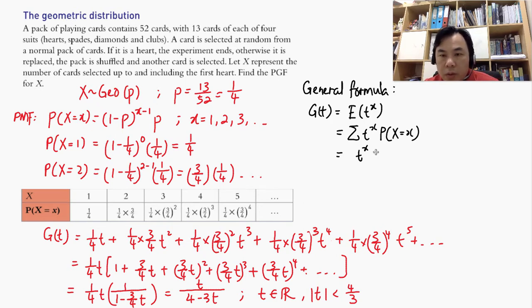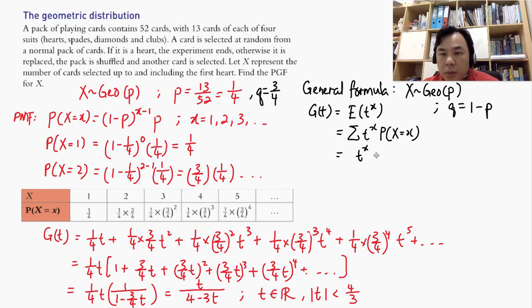Now that will be the same as t^x times the probability of this geometric distribution, which is given by this. So therefore, I can actually write it down as now. If you like to represent 1 minus p as q, by all means. So I write down a remark here: q is actually 3 over 4, which is 1 minus p. So q is 1 minus p, and this is a geometric distribution of general probability of success equal to p.